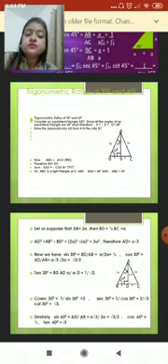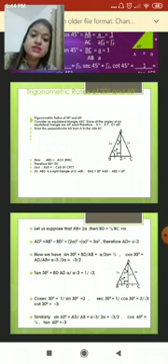And since the two triangles are congruent, their corresponding sides and angles are going to be equal. Therefore the side BD is equal to DC, and also angle BAD is equal to angle CAD by CPCT, which stands for corresponding parts of congruent triangles are equal.